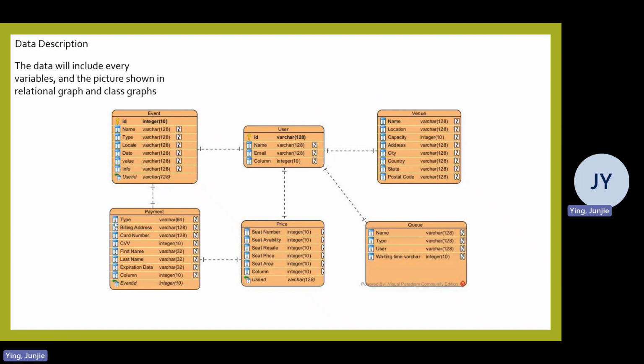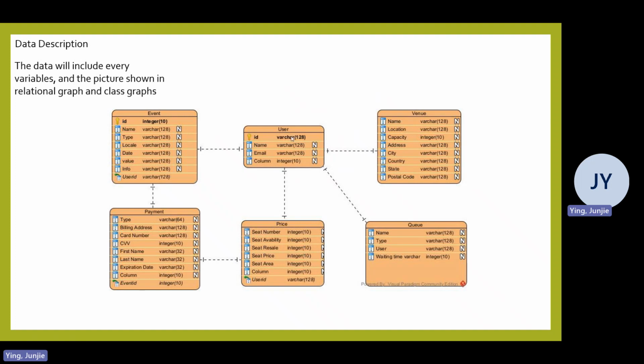The payment information has type, billing address, card number, CVV number, first name, last name, expiration date, and card event ID. Under the price information, we have seat number, seat availability, seat resale, seat price, seat area, column, and the user ID. And the queue information has name, type, user, and waiting time.